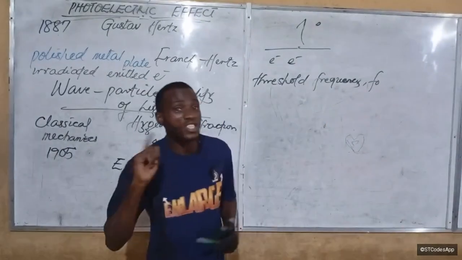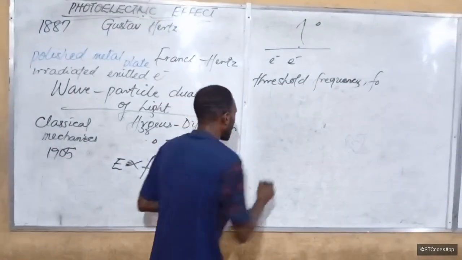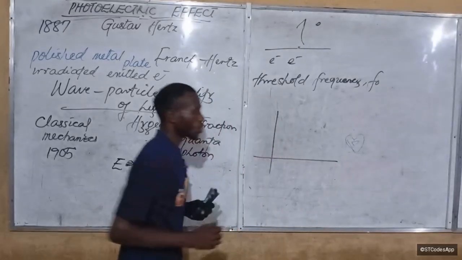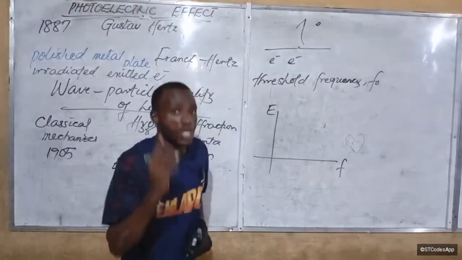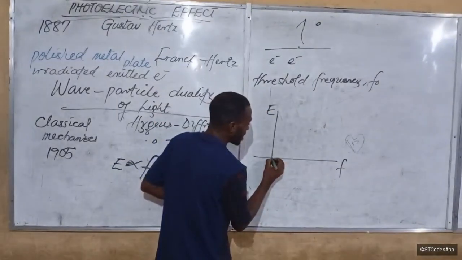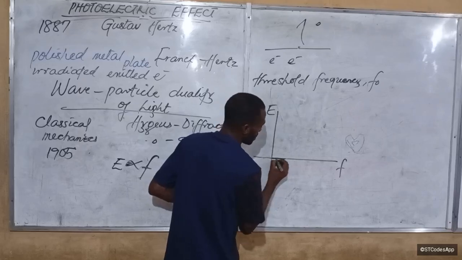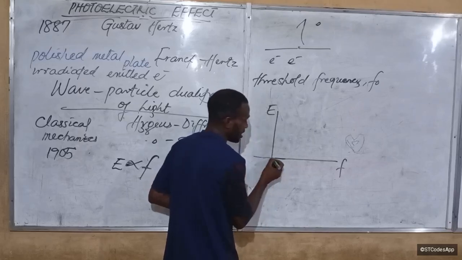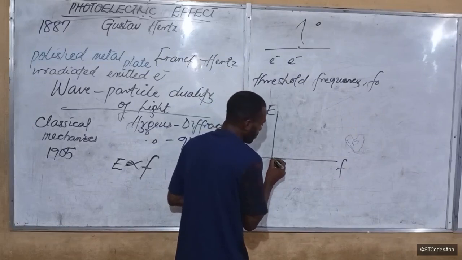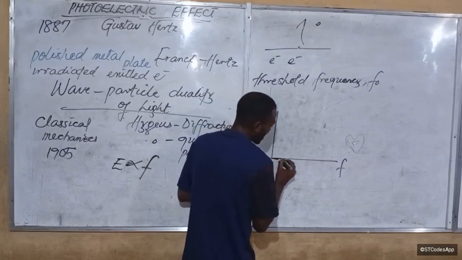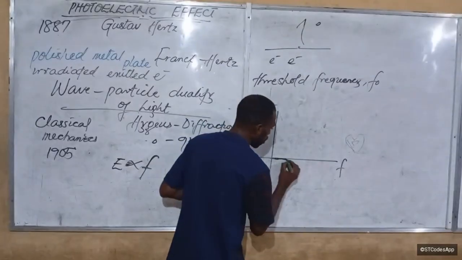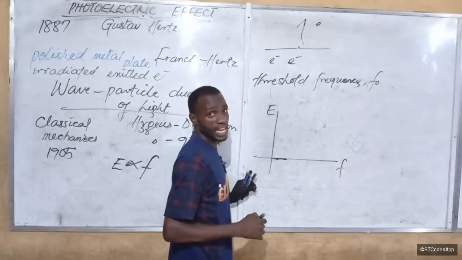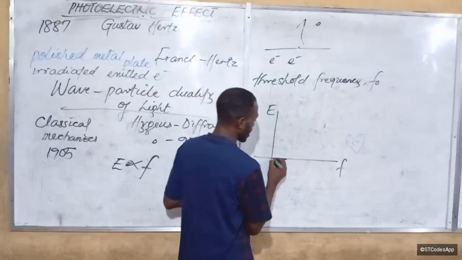But first, the threshold frequency, because it was found out that if we plotted a graph of the energy against the frequency, the higher the frequency... If you shine a particular frequency of light that is not equal to the threshold frequency yet, there will be no energy gained by the electron, so no movement or no ejection of electron.